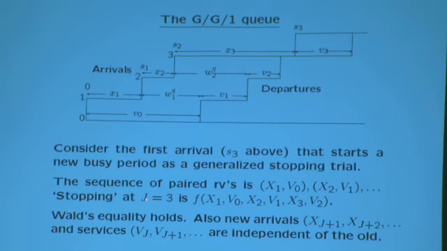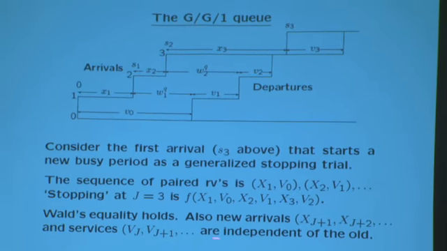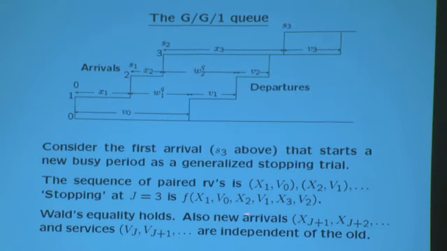Stopping at j equals 3 is actually a function of this first pair, the second pair, and the third pair, which is the restriction we need for a stopping trial. So the stopping trial, stop when the first arrival comes to an empty system, is in fact a function of the arrivals and of the departure intervals up until that time.